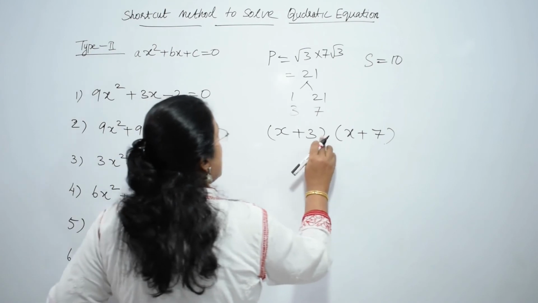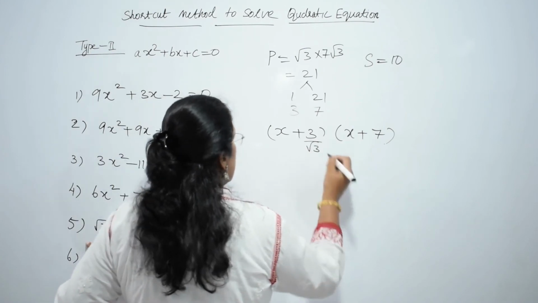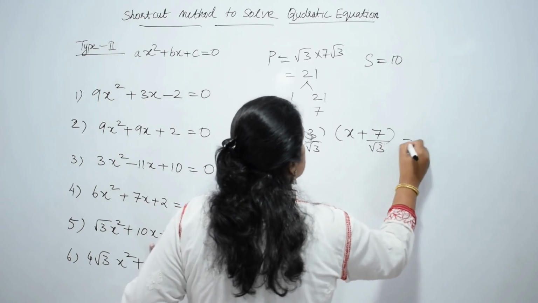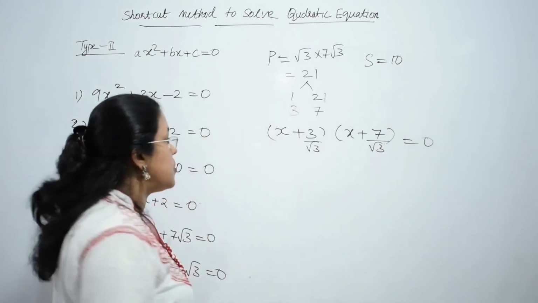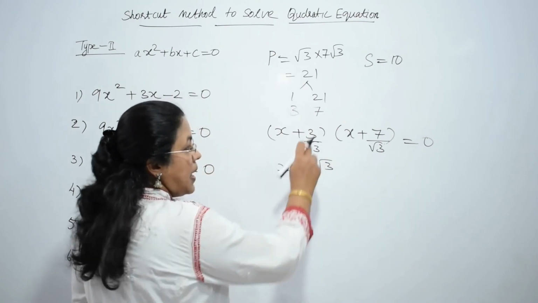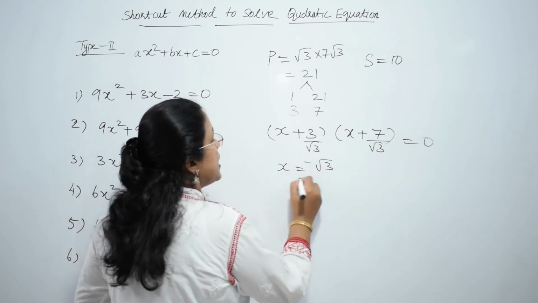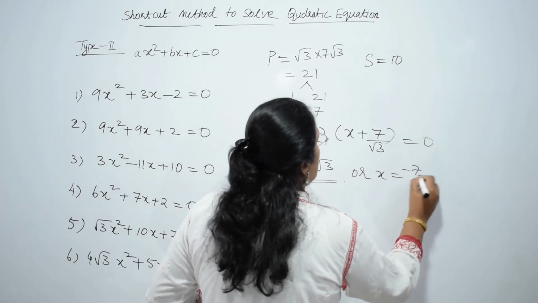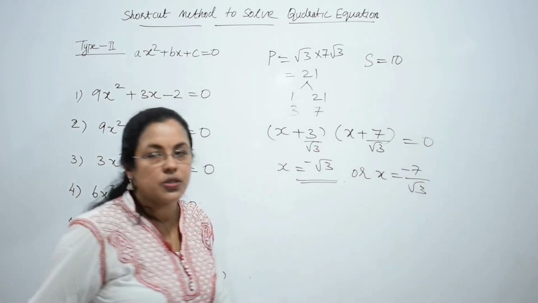That is x plus 3 by root 3 into x plus 7 by root 3 is equal to 0. So x is equal to minus 3 by root 3, that is minus root 3, or x is equal to minus 7 upon root 3.